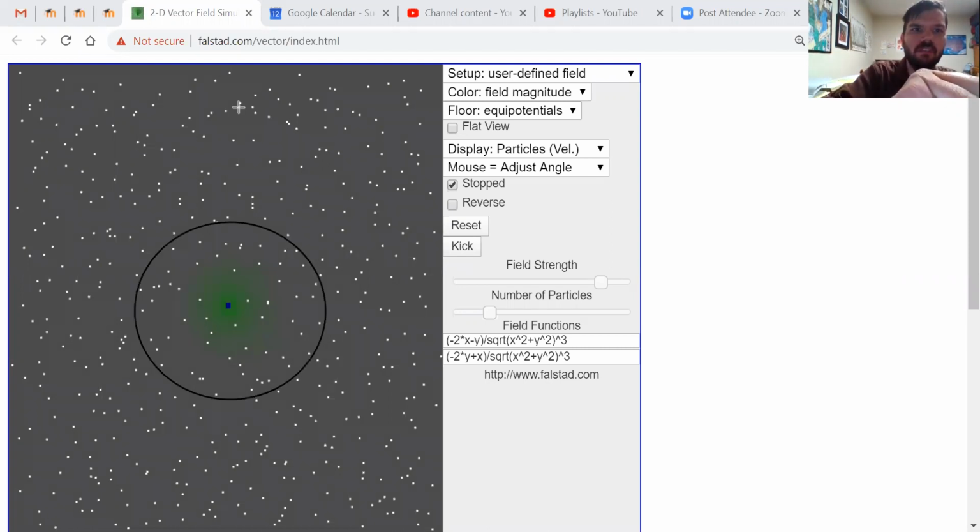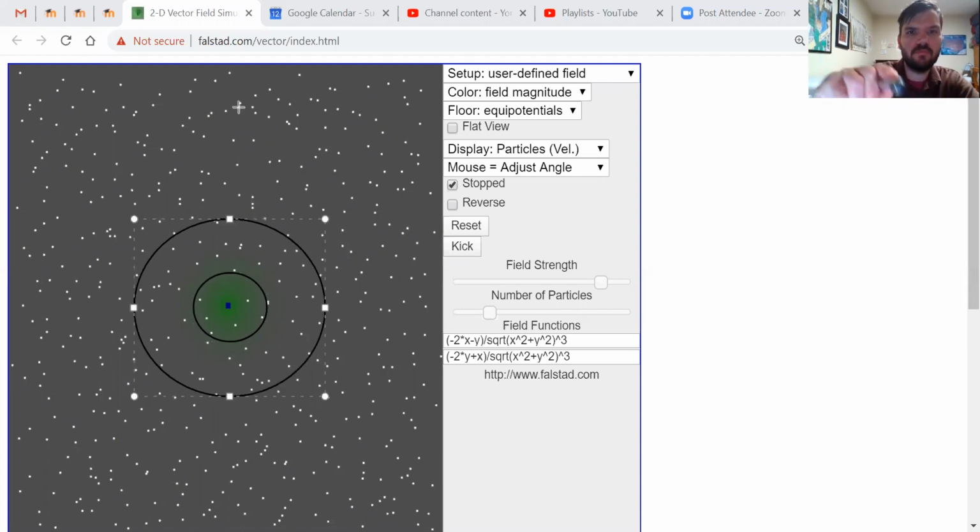There's one circle. Okay, so imagine that that's r equals 1, r equals 2, r equals 1, r equals 2.